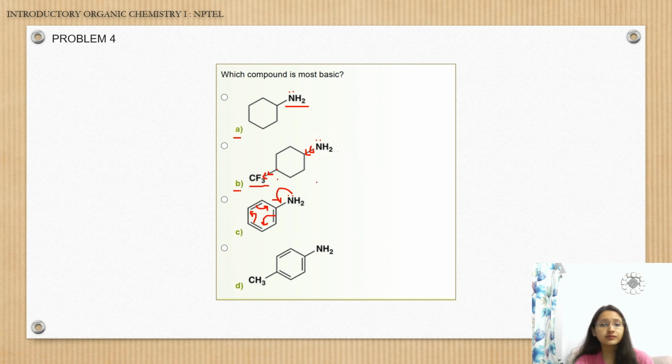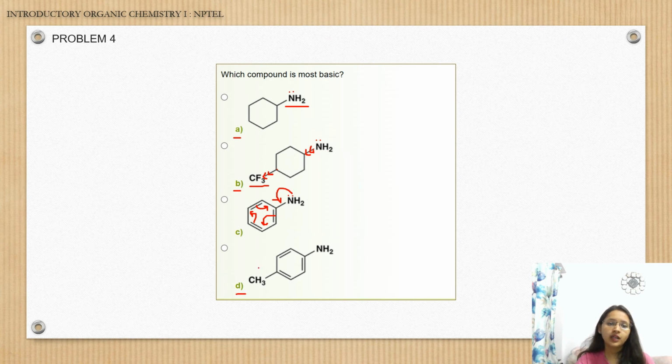But here, due to the resonance effect, due to the delocalization with the aromatic ring, this nitrogen lone pair is not available for the electrophile, which in turn is available in the case of A, that is cyclohexylamine.